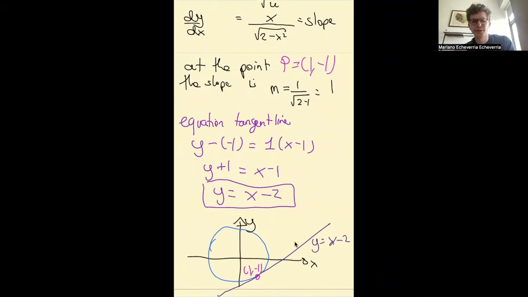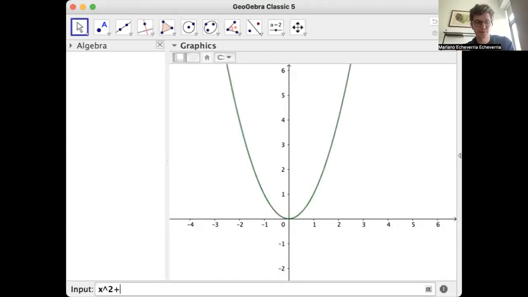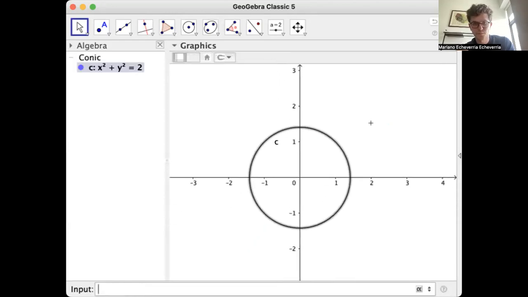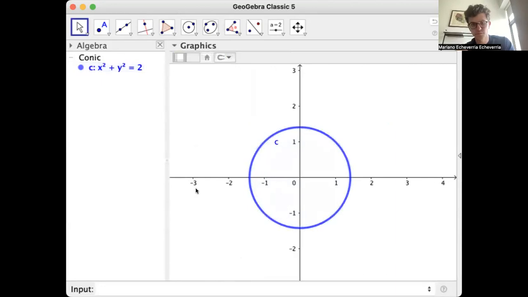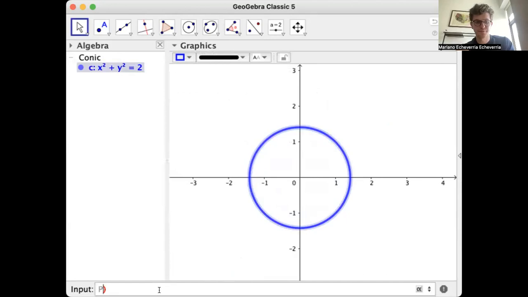So just to show you how this looks in GeoGebra. This is x squared plus y squared equals 2. That's the equation of the circle. Let's make it blue because I think that's the color I was using in the notes. And then you have this point which is 1, -1, which you see here.